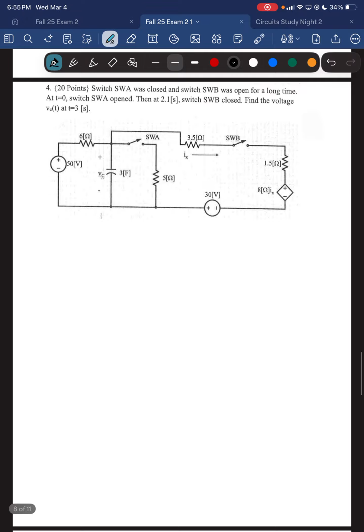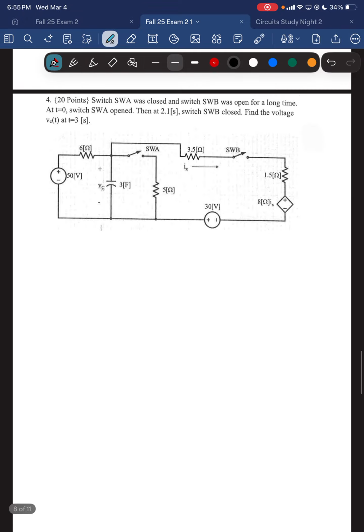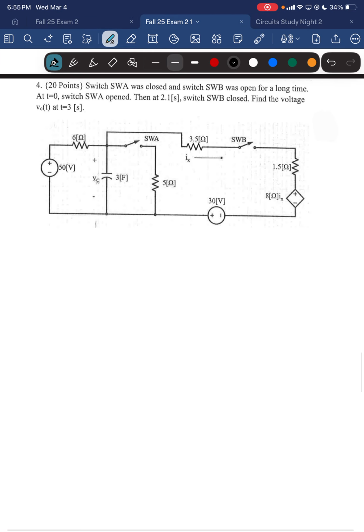So I'm going to try something new here, so bear with me. I'm going to work backwards so we can understand what the question's asking for and what we need to be able to solve for it. So we know that at 3 seconds, there have been two switching events: switch A has opened and switch B has closed.